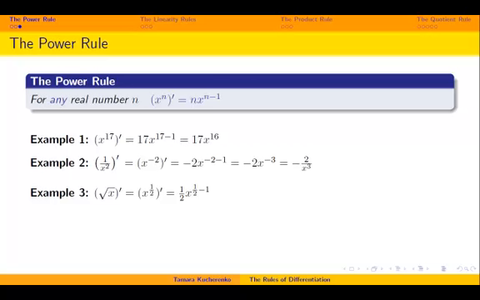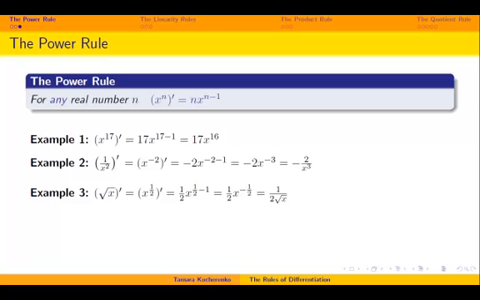We obtain 1/2 x to the negative 1/2. We simplify this to obtain 1 divided by 2 square root of x.